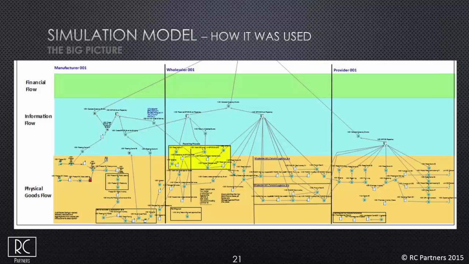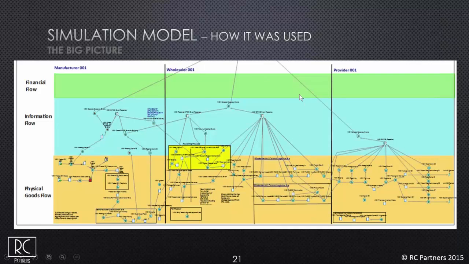And so we're able to do those types of things where we need to store product until the information comes in. And if it doesn't come in, then what do we do with it? We need to put it into a quarantine area and then eventually ship it back to the manufacturer. So we're showing product flow through the supply chain, information flow through the supply chain, and processes based on the law.